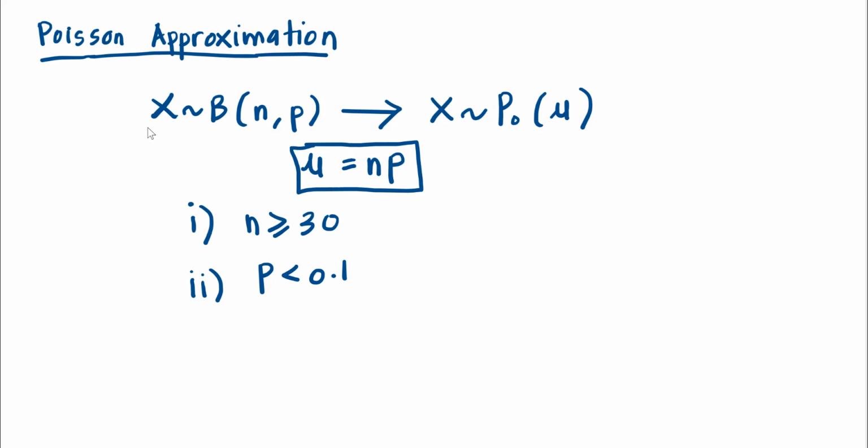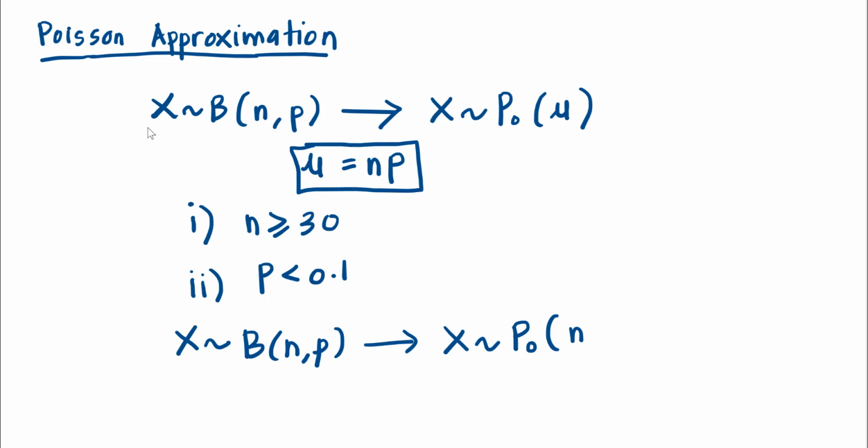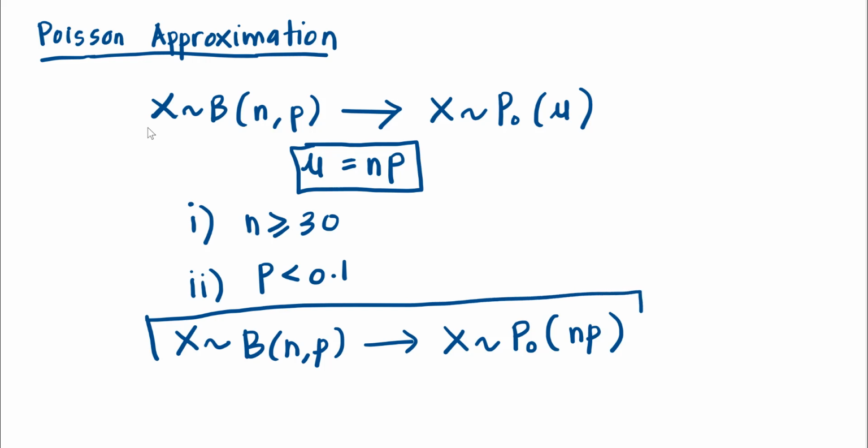From here, your binomial we approximate to the Poisson with your mu equal to np. So this is the Poisson approximation.